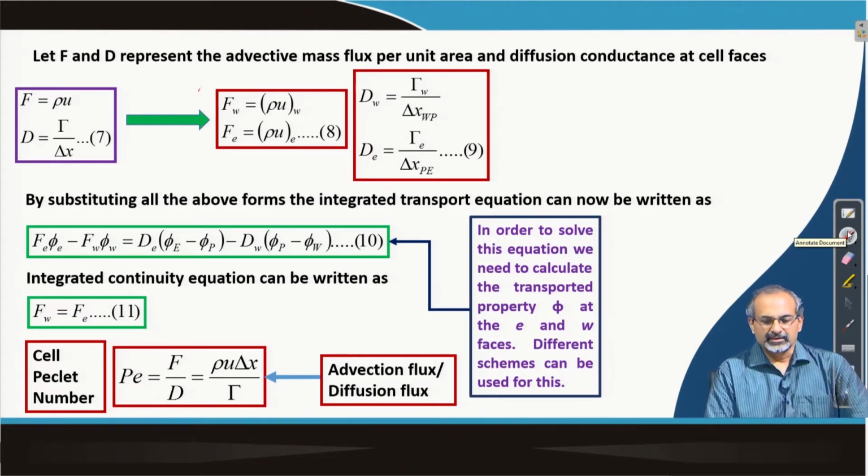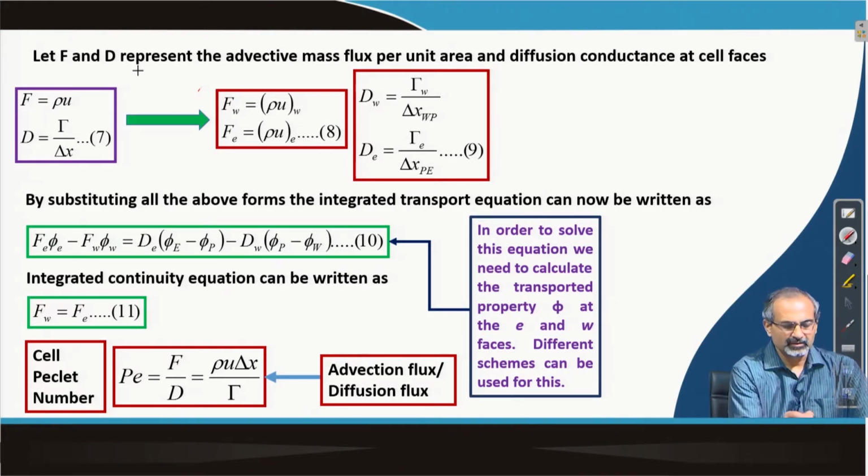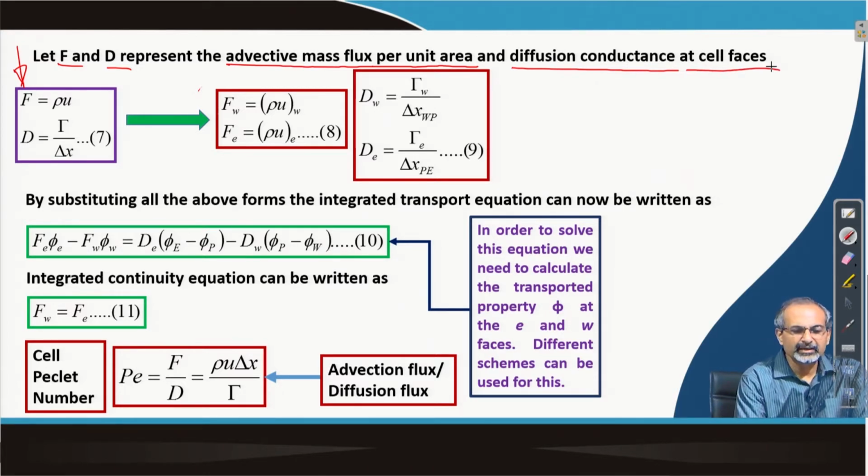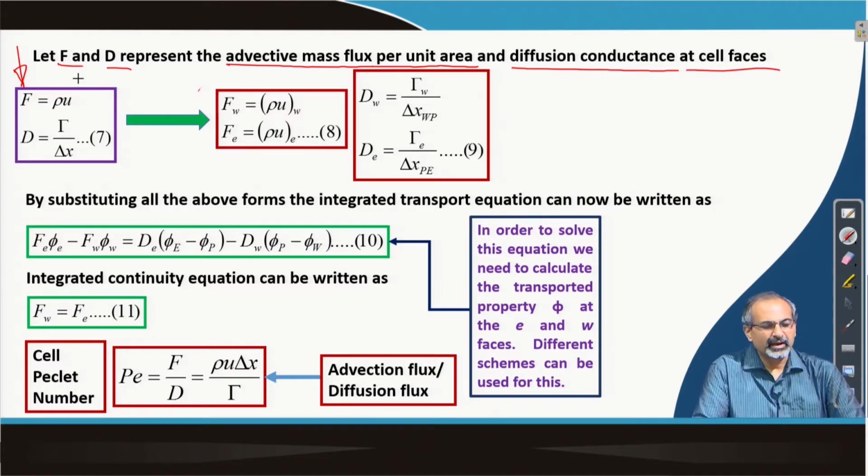Now let us define the fluxes F and D. We will call F and D the advective mass flux per unit area and the diffusion conductance at the cell faces. We can define F as the product of rho and u, and D as the ratio of gamma and delta x.